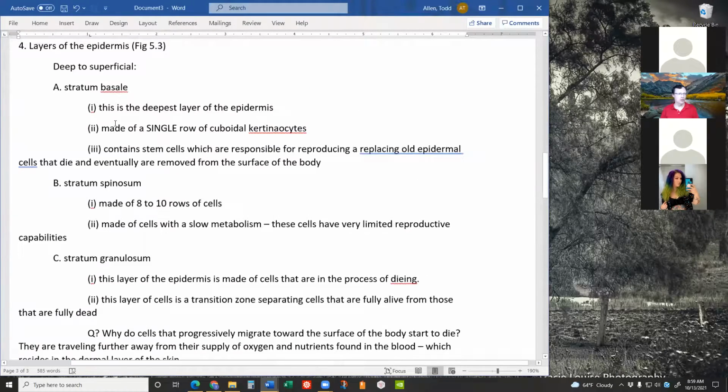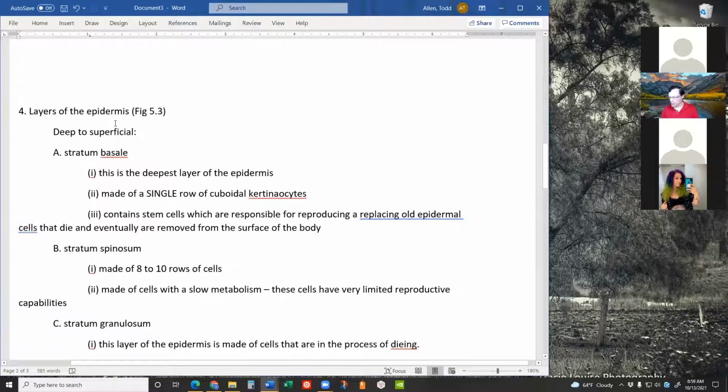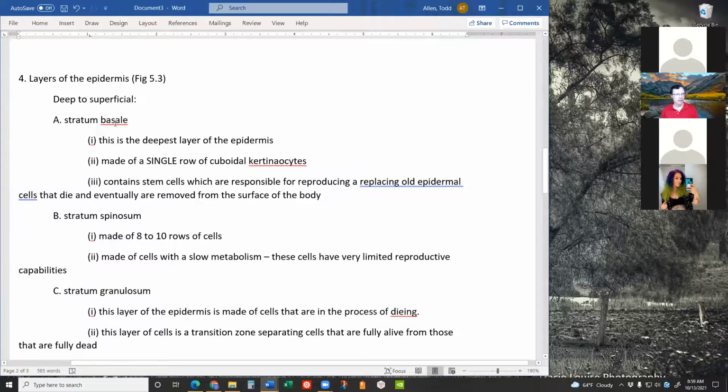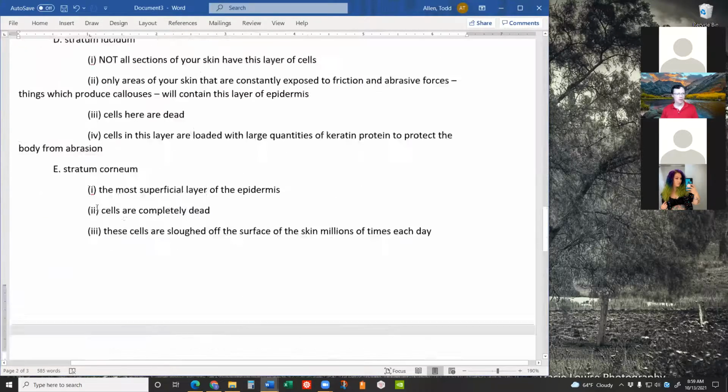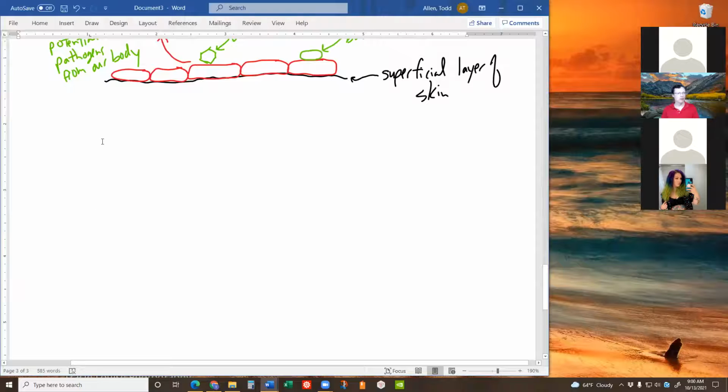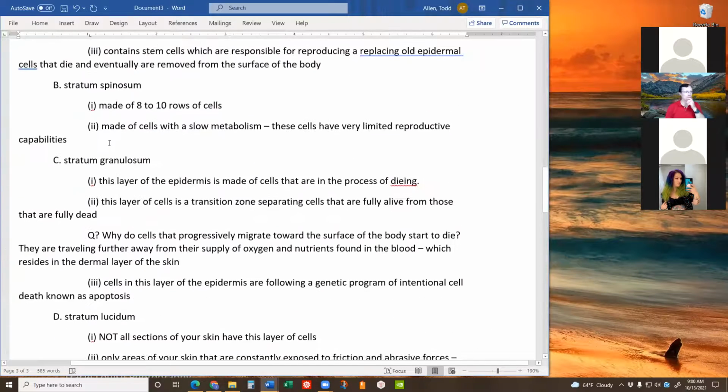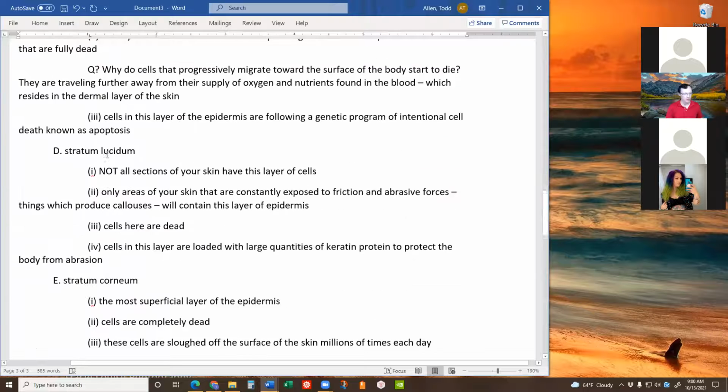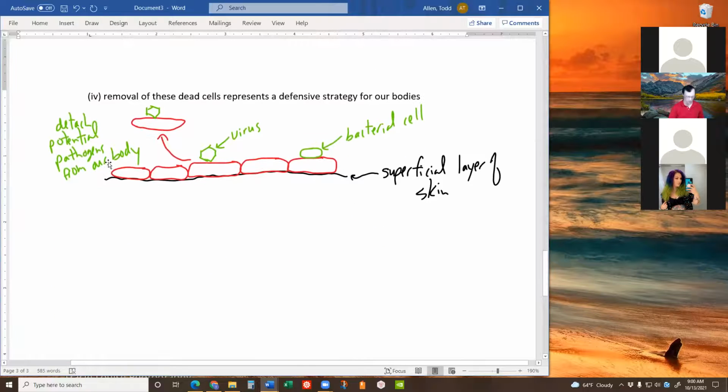I'm going to start talking to you about the dermis at this point. So I'm going to make this number 5 in my notes. Okay. The dermis. All right. What can we say about this? The dermis is made of dense, irregular connective tissue.